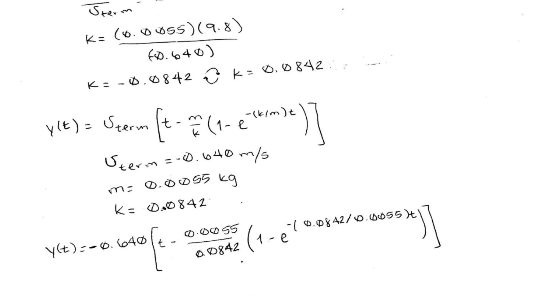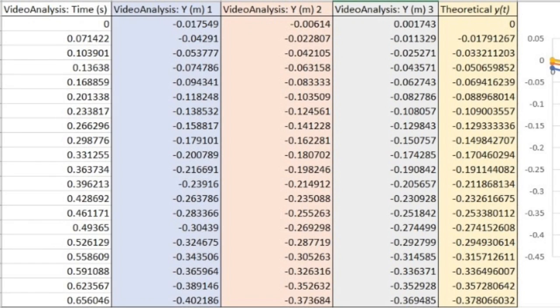What we did was plug in the values we already knew, and after we had that done, we substituted the value of time with each of the values of time that the application gave us.